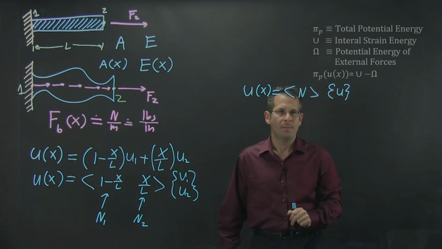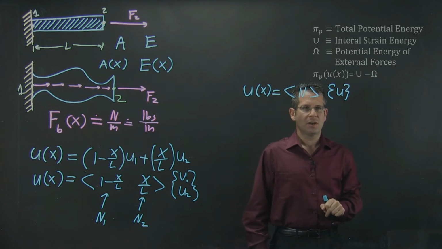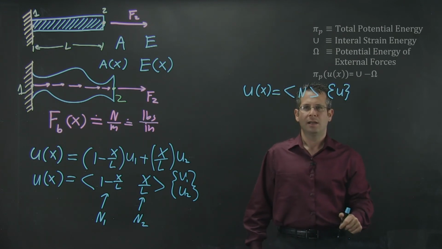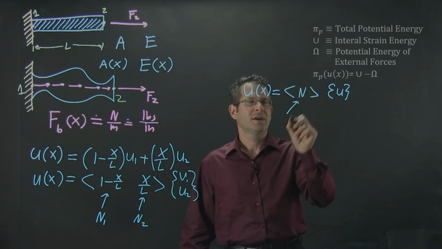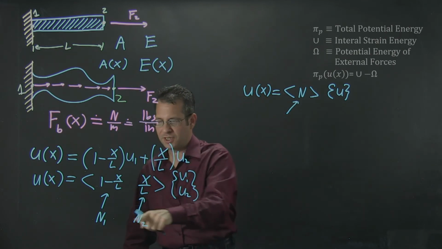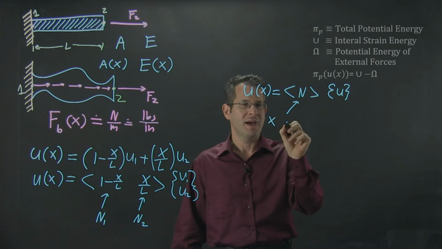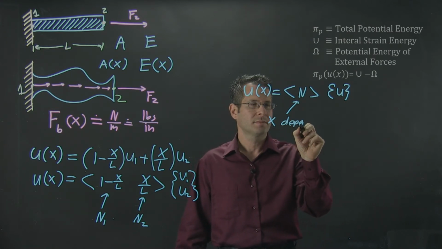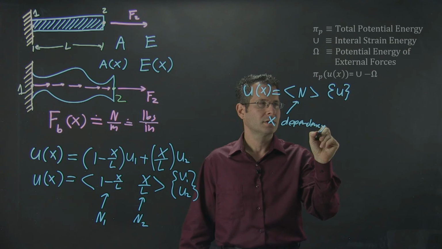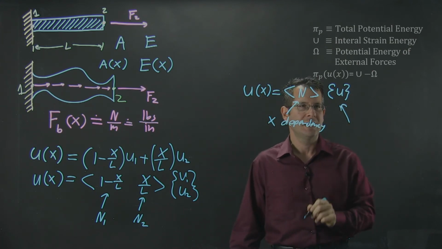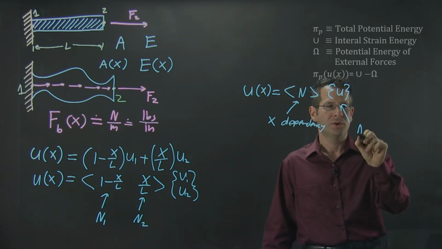Remember that this shape vector N is the only thing that has x dependency, and the vector u contains all of my nodal displacements.